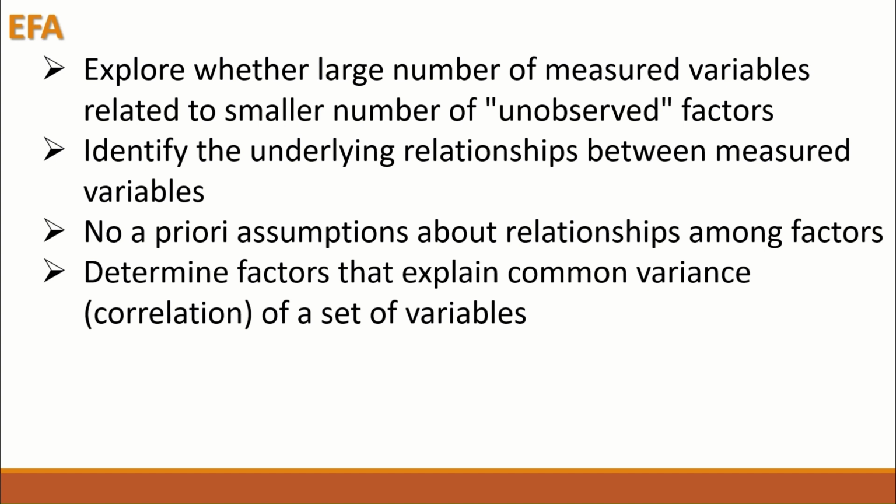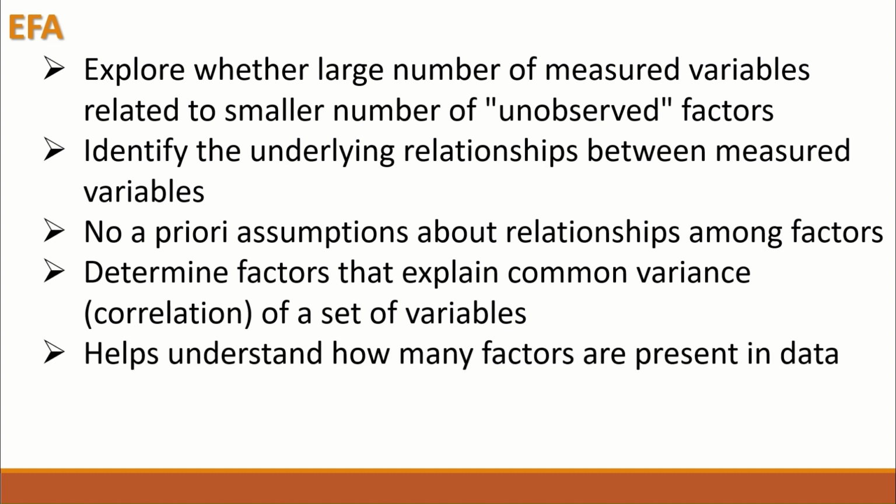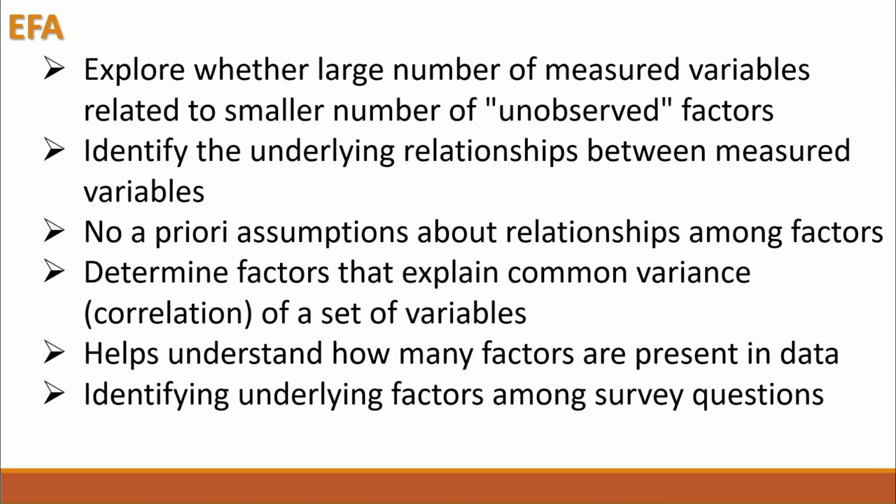So the EFA will determine factors that explain common variance, which is the correlation of a set of variables. It helps to understand how many factors can be present in the data. So it can section the data or the variables into groups, and those groups are called factors.